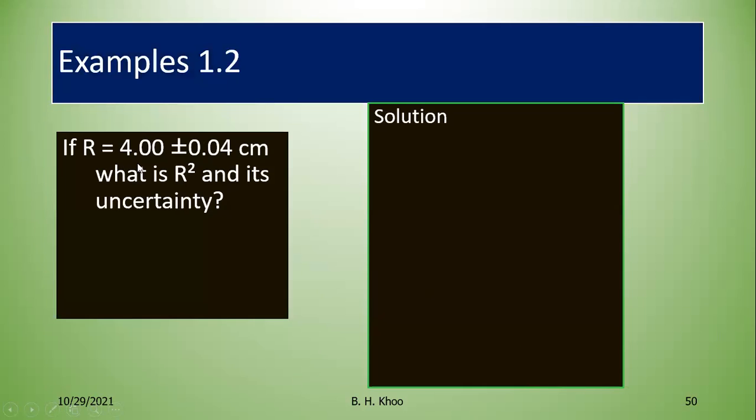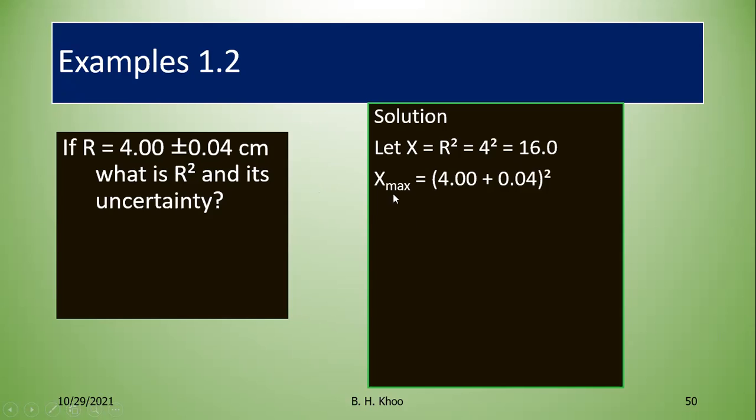Another example, right? We have R equals 4.00 plus minus 0.04. We want to find R squared and its uncertainty. This is R squared: 4 squared is 16. Then remember we want to find the uncertainty. We want to find the largest value or the smallest value.